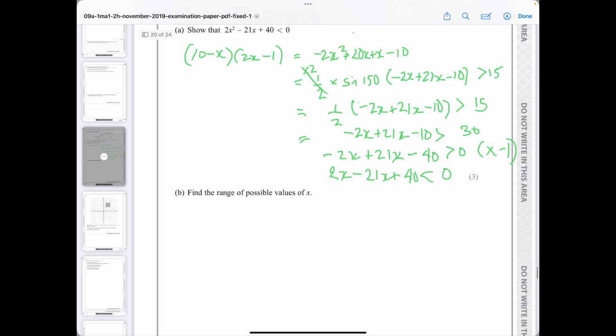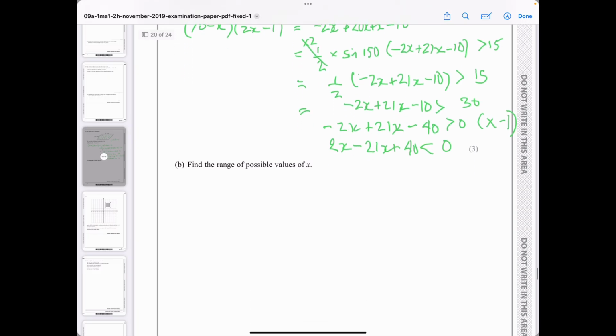So find the possible values of x. What you're going to do is 2 times 40 is 80. It's got to multiply to 80, and it's got to sum to negative 21, so it's going to be two negatives.